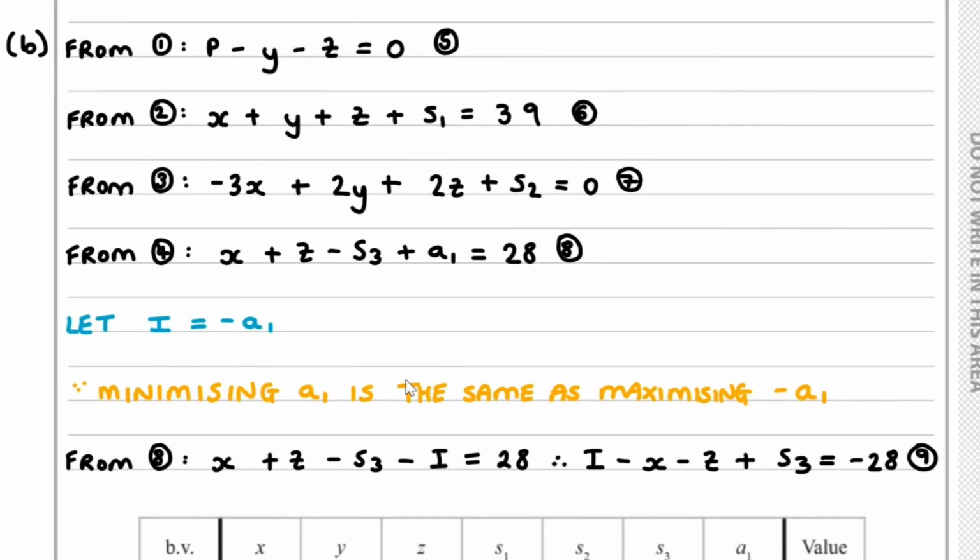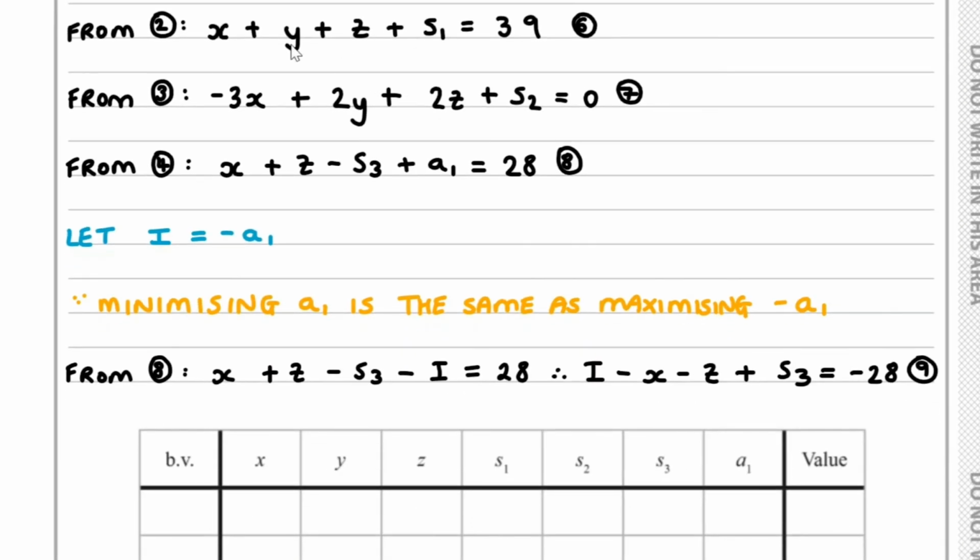And if I take a look at the other equations, well, let's take a look at equation 6. I've got 1x, plus 1y plus 1z plus 1s1 equals 39. So the zeros go over here.